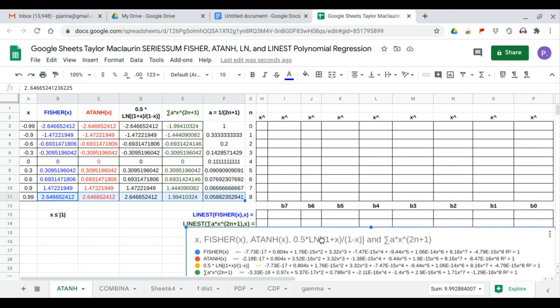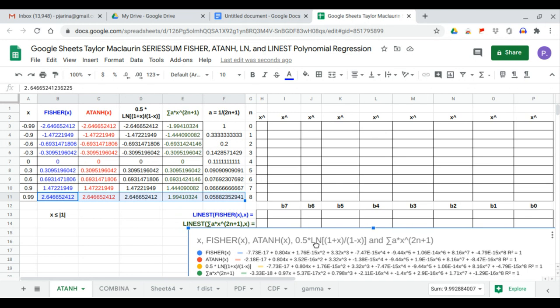Next, we calculate the regression coefficients, these values of B0, B1, B2, using LINEST. And because there's no degree of freedom, the rows and the columns are the same. So we will start with the x to the 0 column, x to the 1 column, x squared column, x cubed column, x to the 4th until x to the 8th.